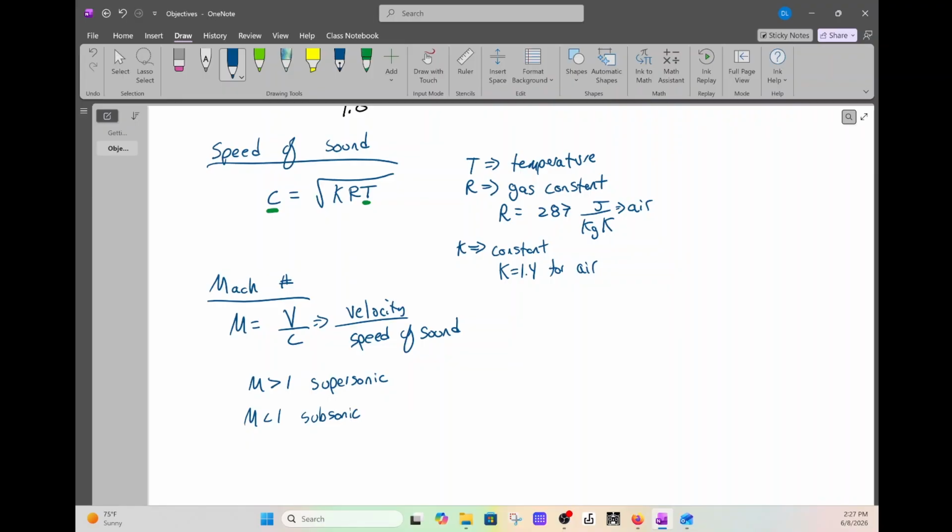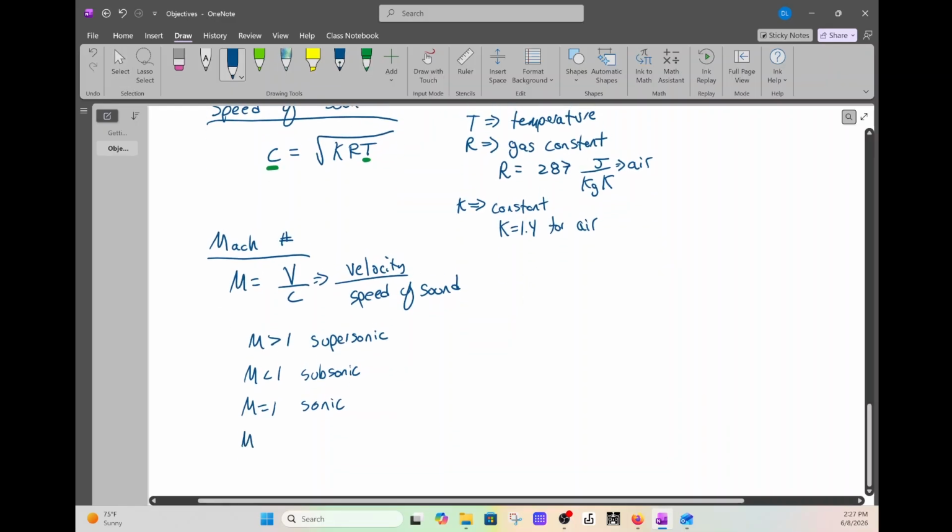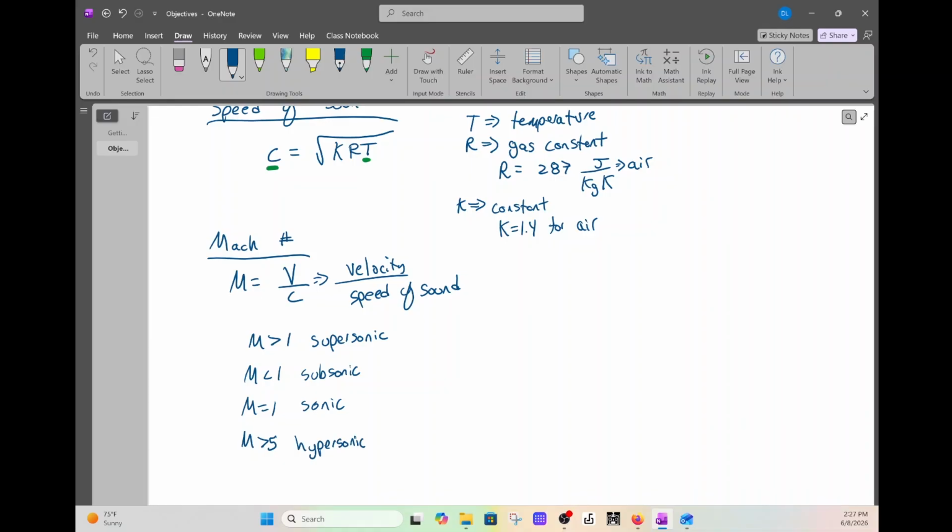And if M equals 1, we're sonic. And if M is greater than 5, we're hypersonic. Again, just some basic stuff. I believe homework 1, there's a graph that I want you to do that relates with Mach number. It gets you kind of kick-started in this fluid mechanics.